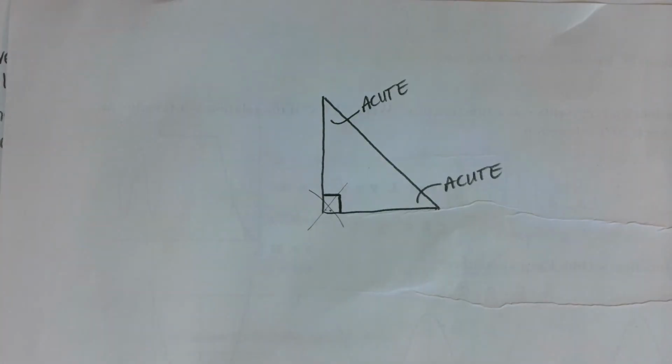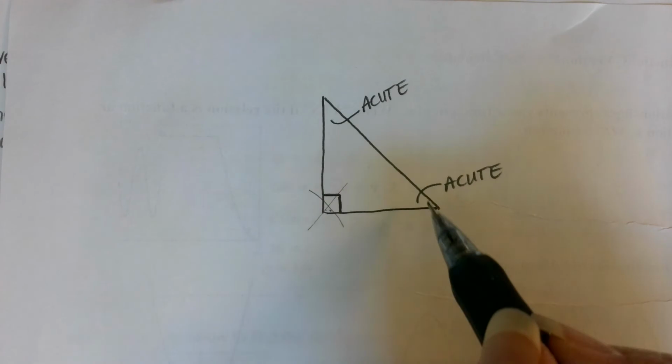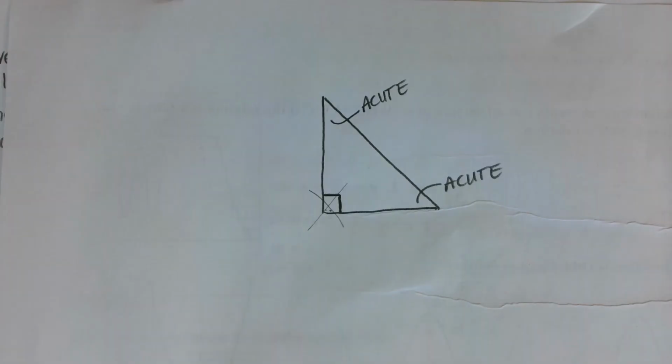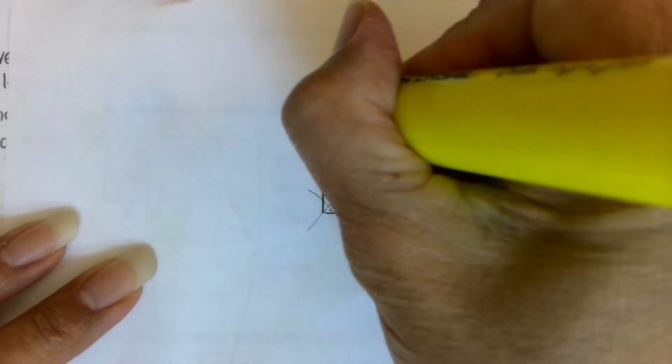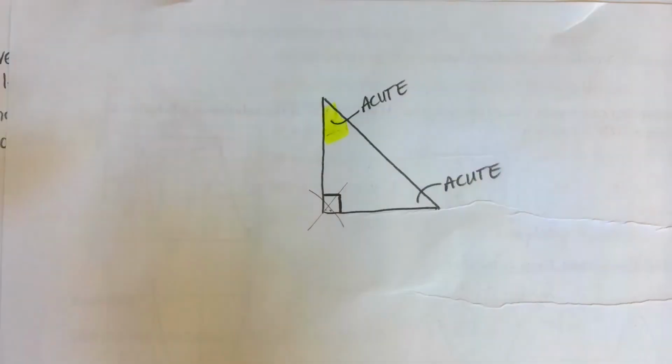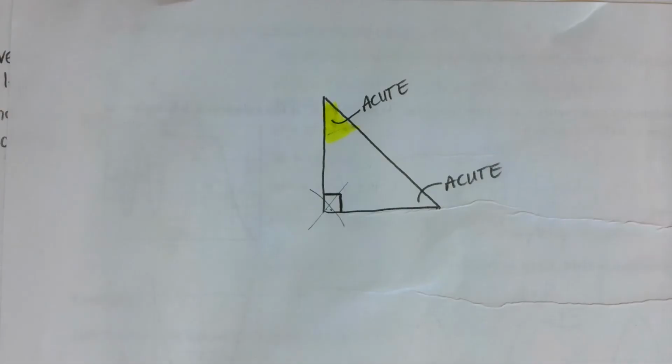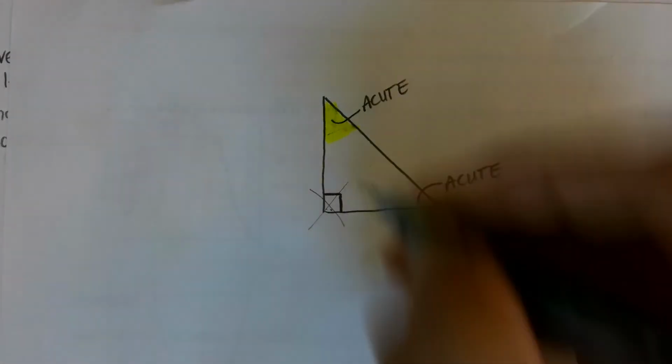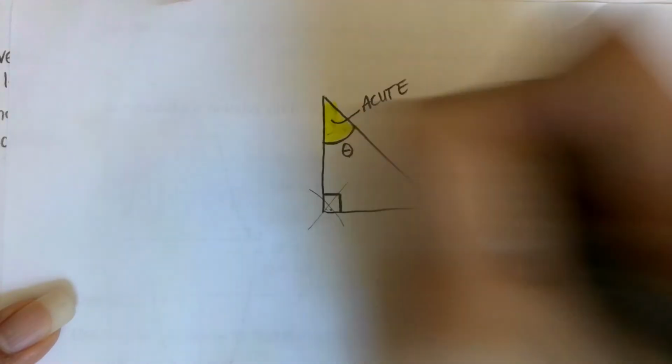You will only stand on one of the acute angles. So for the sake of argument, we as a class are going to stand on this angle. I'm highlighting it in yellow because I want to draw your attention to the fact that this is where we are standing. And since we're standing here, I'm going to label it with the symbol theta.